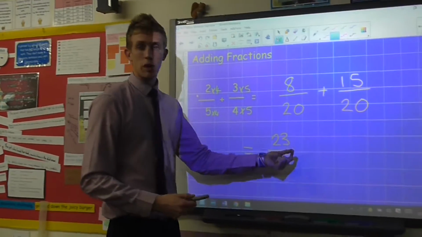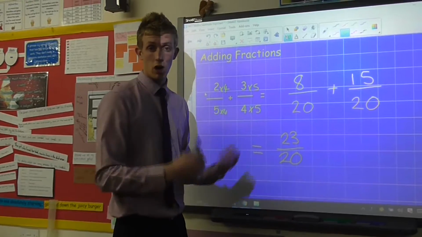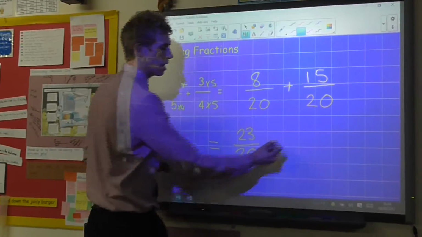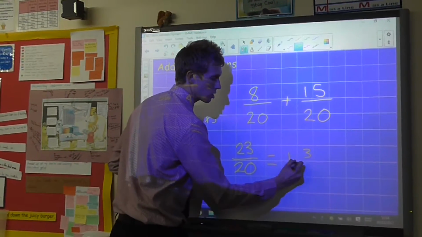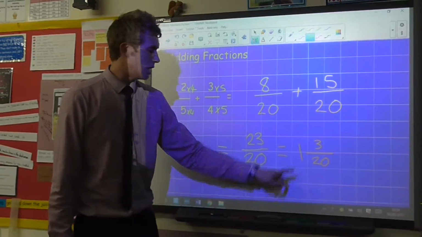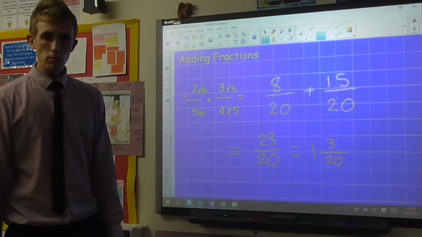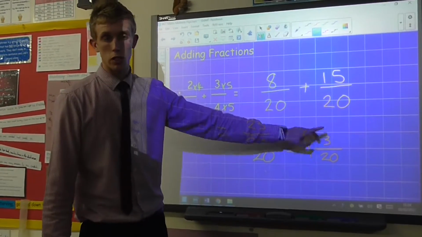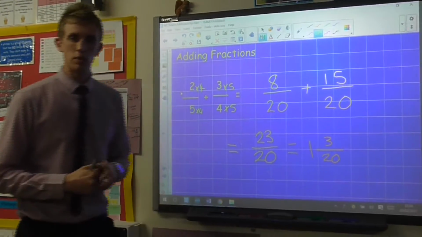If I take 20 away, I've got a whole one and I've got 3 left. So I can simplify it slightly and put 1 and then 3/20, because that's exactly the same thing. I've got 1 whole one and I've got 3/20 left. Again, I can't simplify that down because I don't have a common factor between 3 and 20, so I can't make it any simpler.